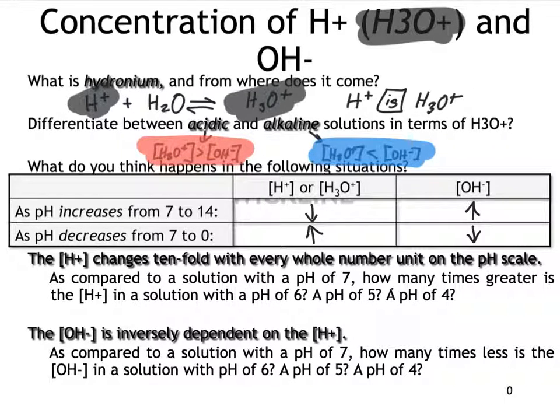I also have to point out some specialized vocabulary here. When we see the term an increasing pH, we often think that that means it's becoming more acidic. But increasing pH actually just means that you're going to a higher number on the scale, and higher numbers are actually bases. Conversely, if I reference a decreasing pH, oftentimes we would assume it's becoming less acidic.